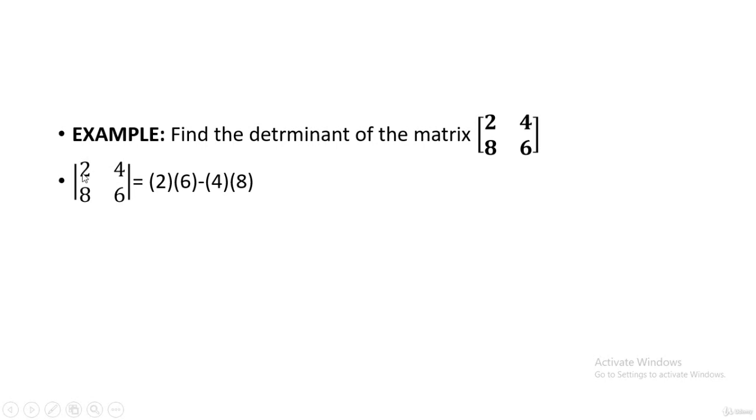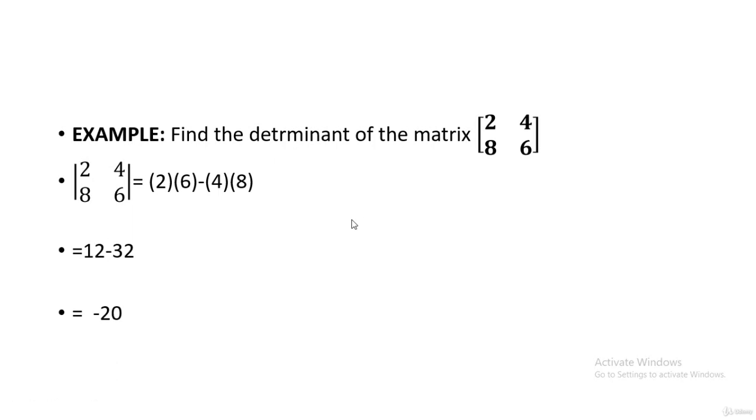So the result is 2 times 6 is 12, minus 32, which is minus 20.